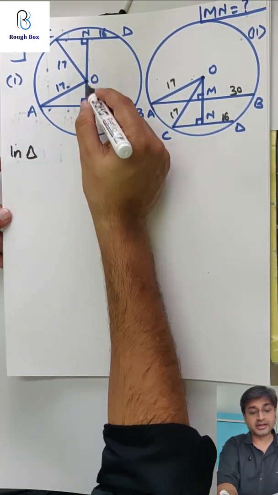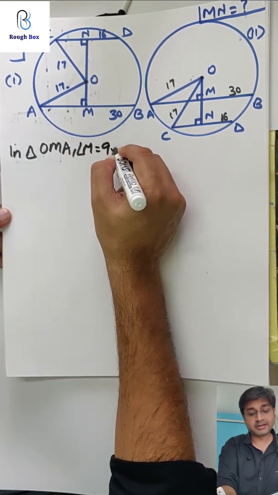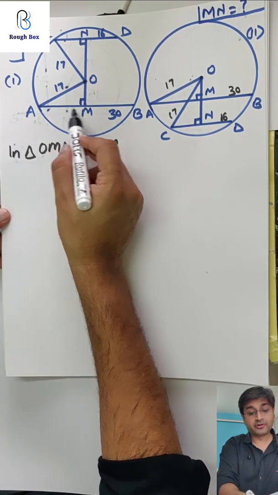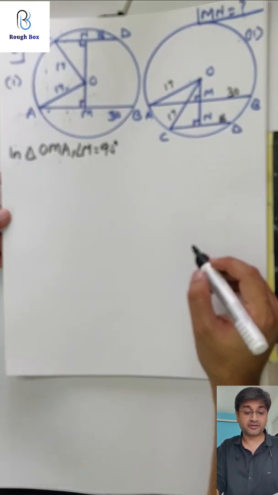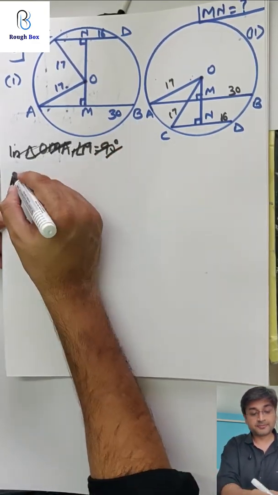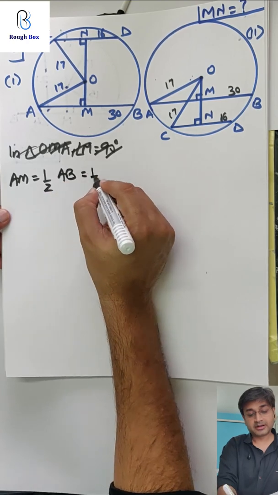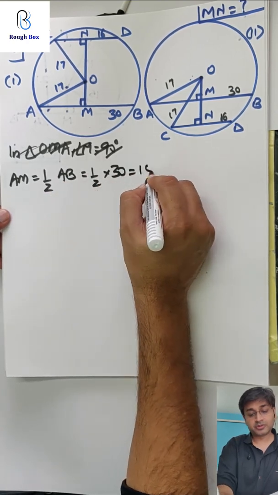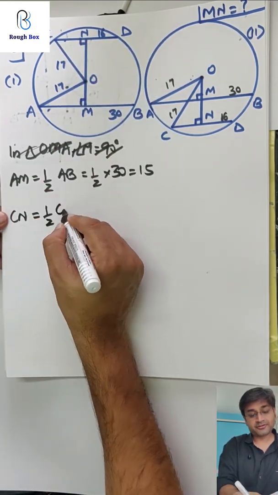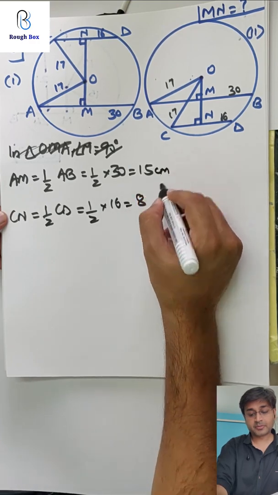So in triangle OMA, angle M 90 degrees, and I will say OM square. Oh, before that I had to say that AM is 15. I forgot that. Sorry. So let's cancel this and first mention that. So AM half of AB, that is half of 30, which is 15, and CN half of CD, so half of 16, 8.